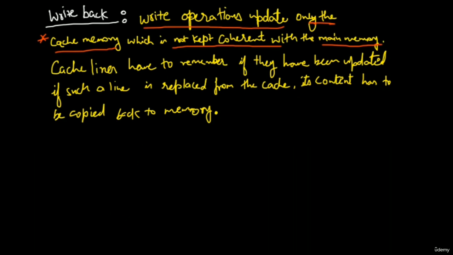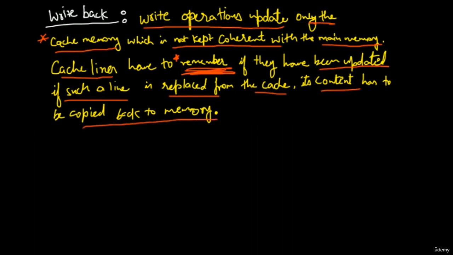Now, cache lines have to remember, the most important thing for us and for this definition also: if they have been updated and such a line is replaced from the cache, its content has to be copied back to the memory. So, what is the key difference here that I would like to mention, between write through and write back?